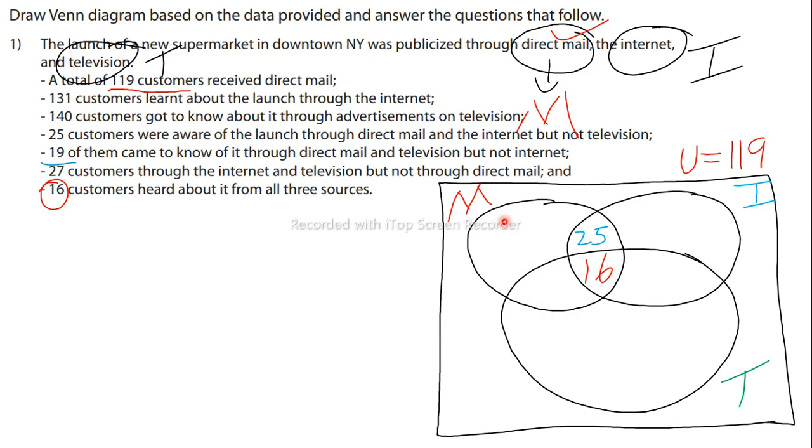So all we want is mail and television. It's right there. So mail and television is going to be what? 19.